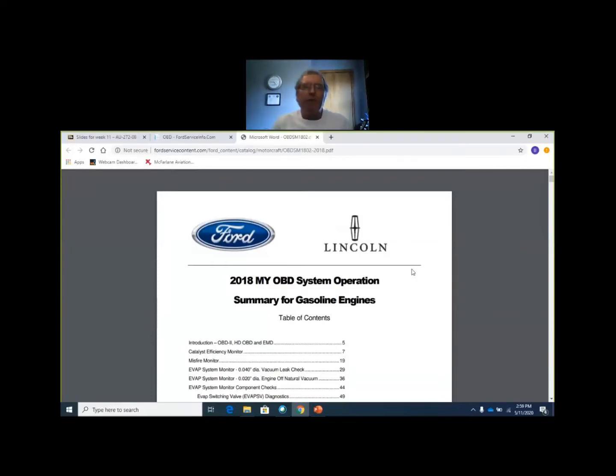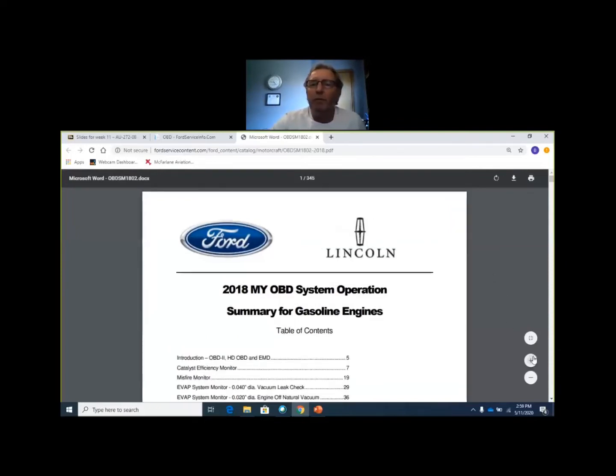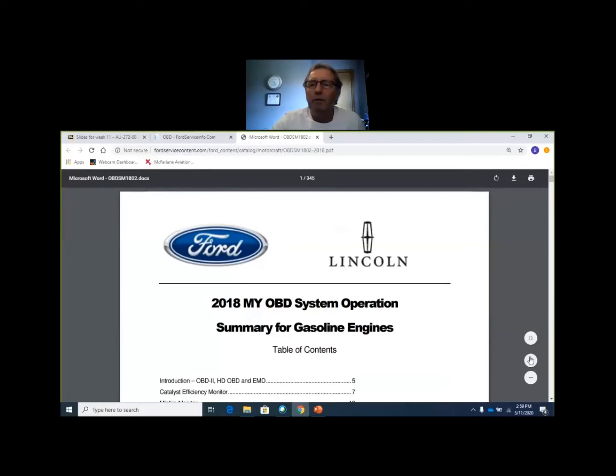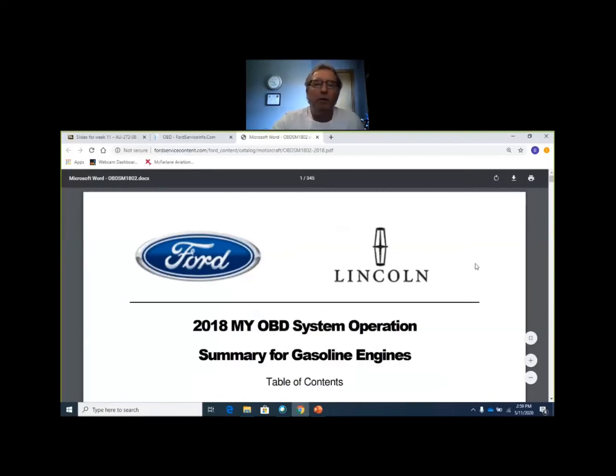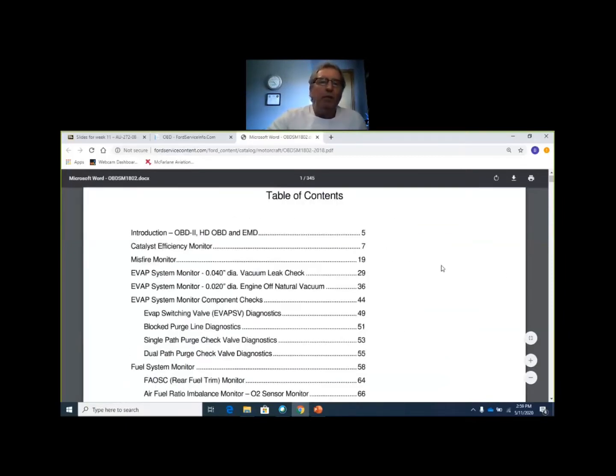In fact, I think it even covers heavy vehicles that use gas. Let's see if I can make this a little bigger for you. That seemed to work.